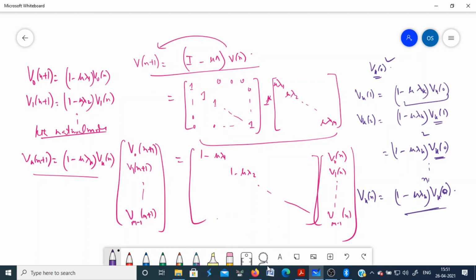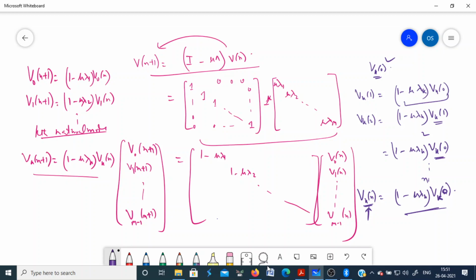Now this will give you the condition for the stability. Because if Vk of 0 is the initial condition, that means for any kth mode, it constitutes the initial weight error vector, so Vk of n, the weight error vector at time n, should diminish as n approaches infinity.